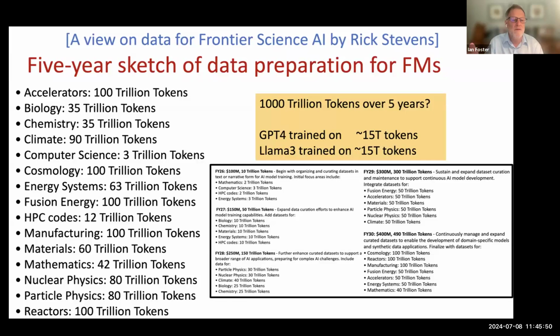What would those tokens look like? Where would we get them from? Do we need to perform new experiments or simulations? Are there databases we can be mining to get those tokens, etc.? So I hope we can spend some time during this session talking about those things. These are all made up numbers, by the way.